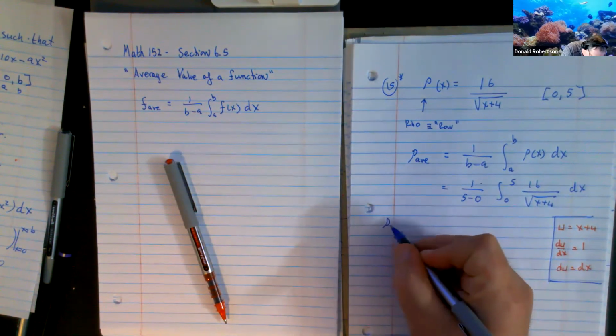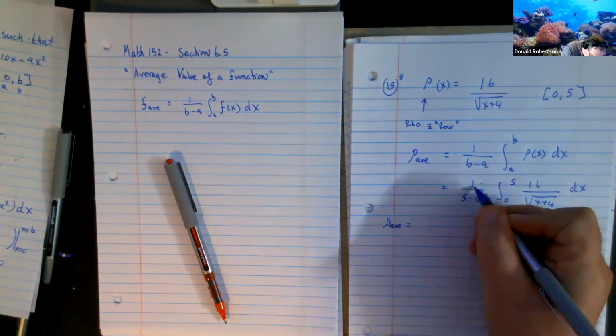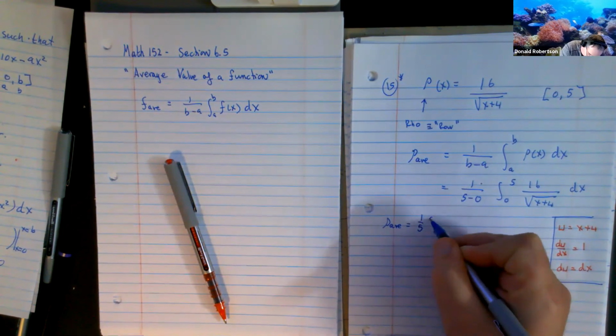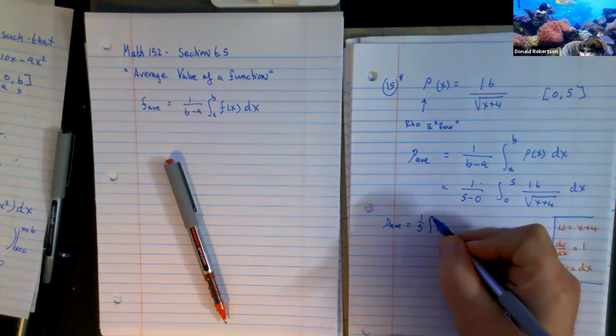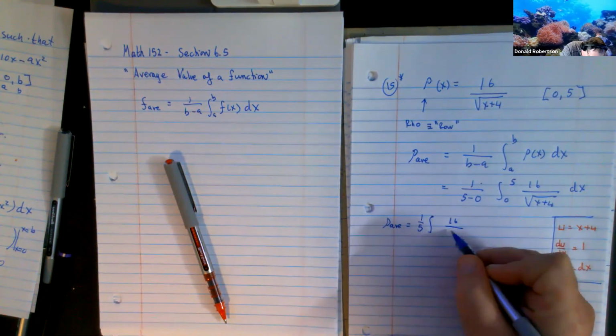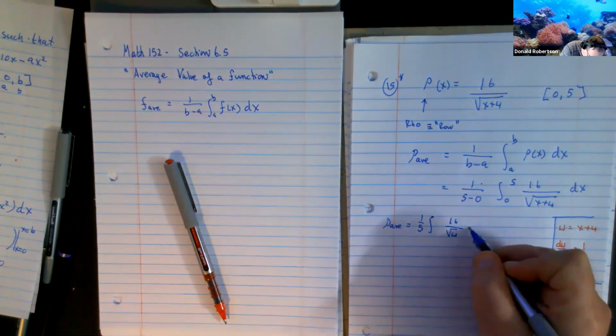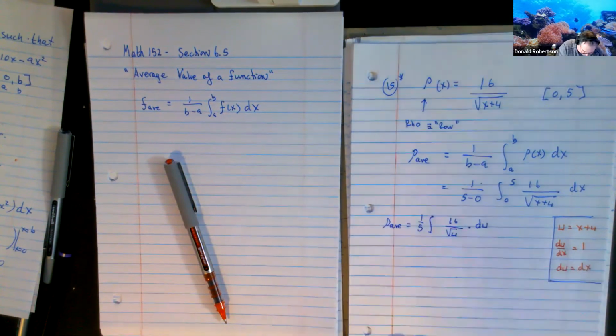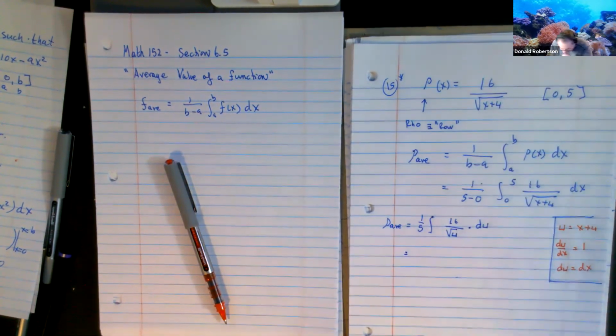So the average density is 1/5 times the integral, oops, we don't need the integral quite yet, of 16 over the square root of u du. Okay, where would I go next?